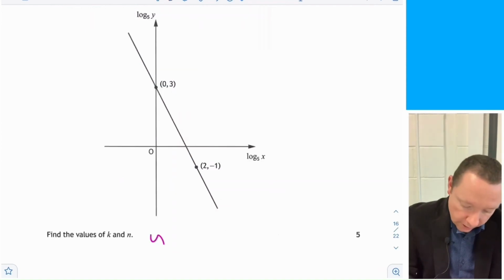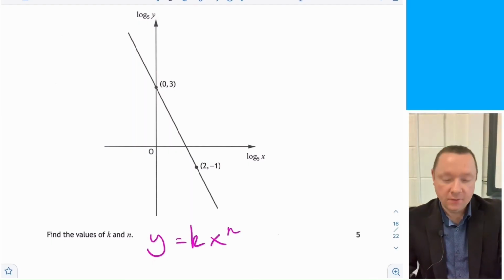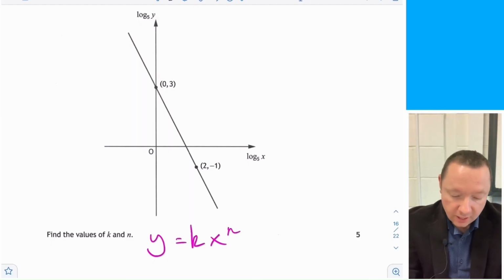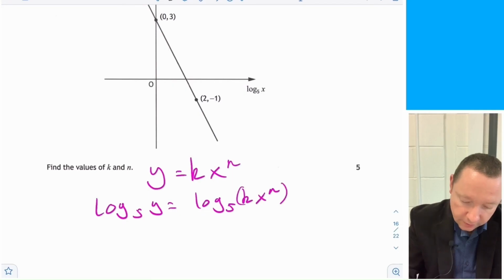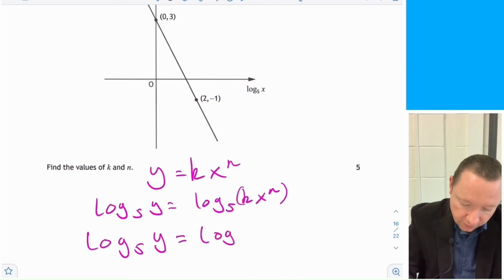So we've got y equals kx to the n, and we've got the log base 5, so we can log both sides with base 5. So log base 5 of y equals log base 5 of kx to the n, which we can separate into two. Log base 5 of y equals log base 5 of x to the n plus log base 5 of k.